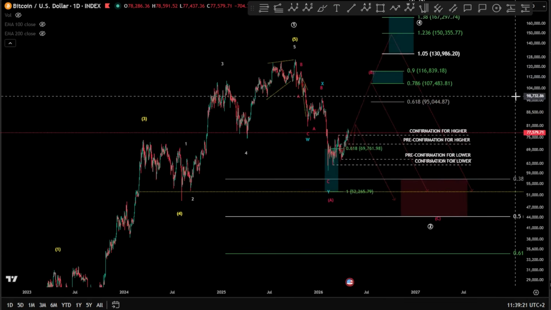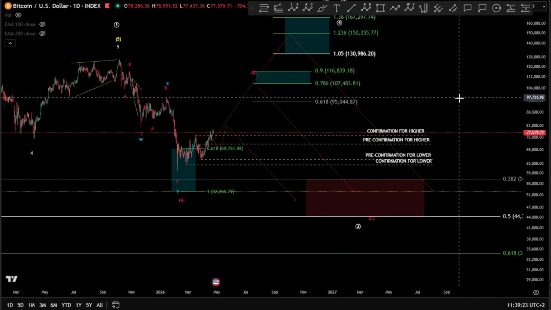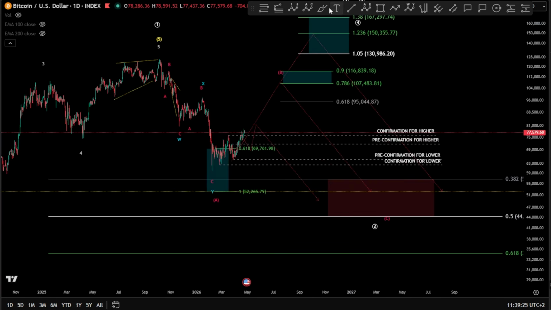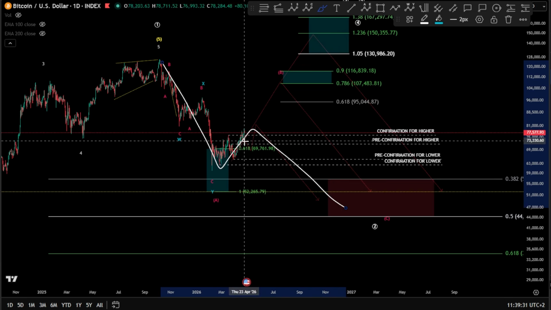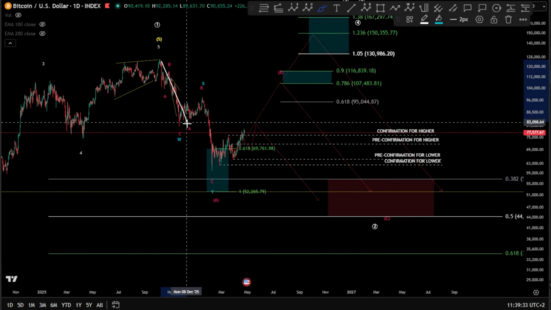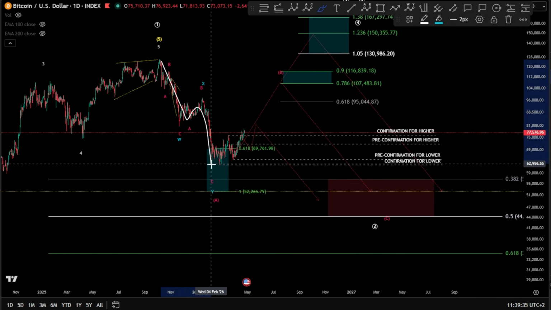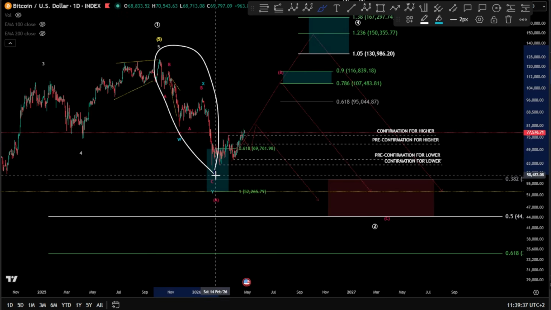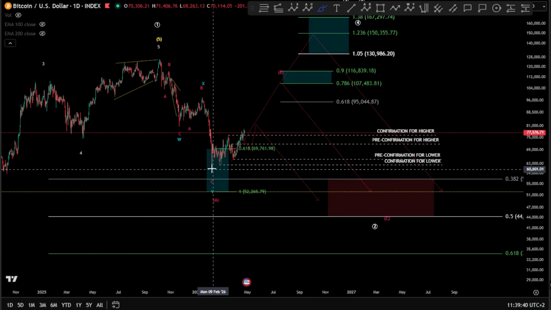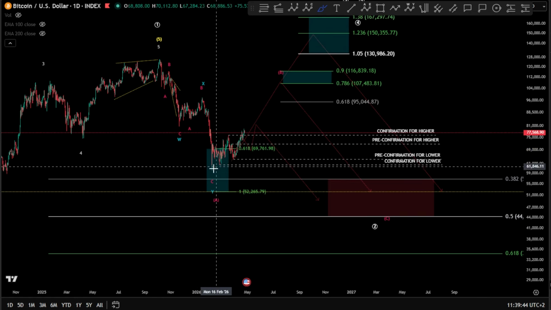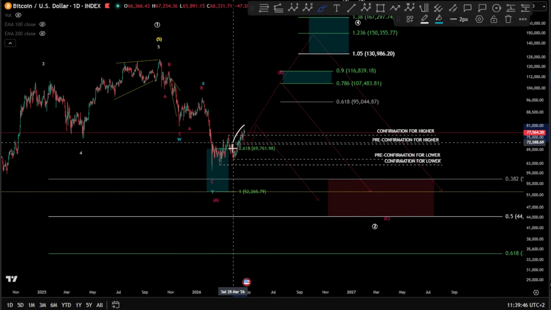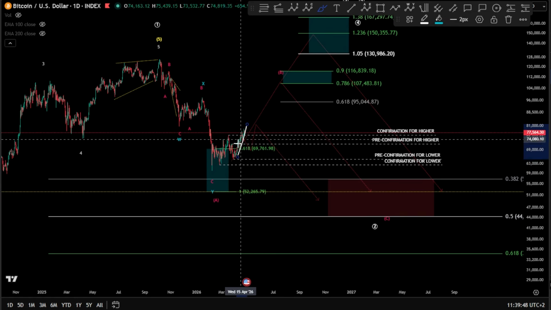Now, probabilities of a wave 2 here. What are the probabilities? The first probability is that it might be a W, X, and a Y. Again, another W, X, and a Y, which I doubted because this is already a W, X, and a Y, and inside a W, which is a question mark. And then you need here, of course, a wave X. So it can be the ABC, and this is your wave C unfolding here as an impulse internally.